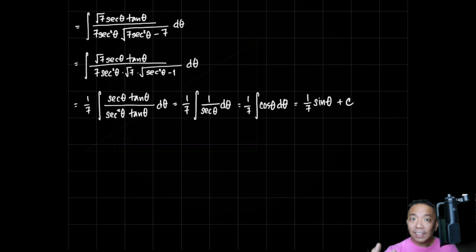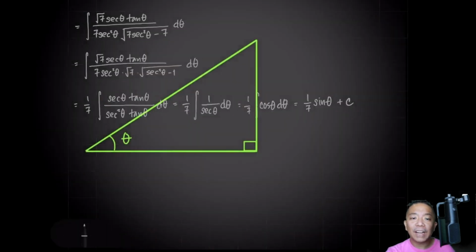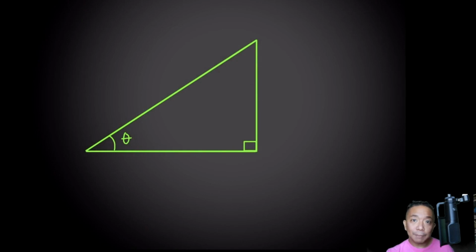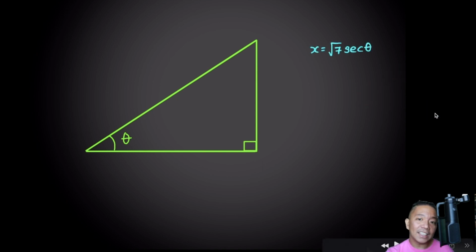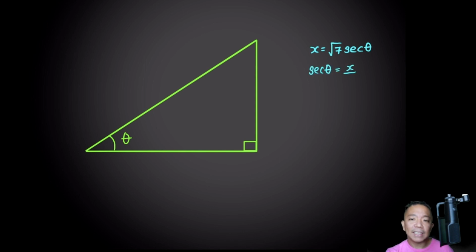Now, the remaining step is to write sine theta in terms of x. We go again to our right triangle. And remember that our original substitution was x equals a secant theta, or x equals square root of 7 secant theta. Step by step, secant theta is equal to x over square root of 7.